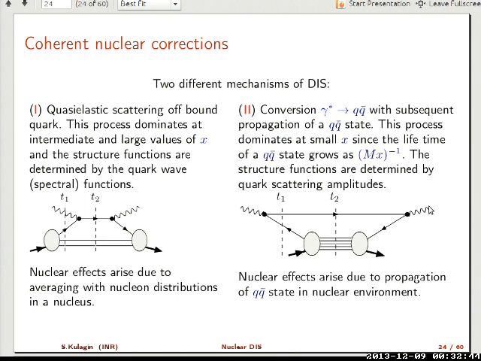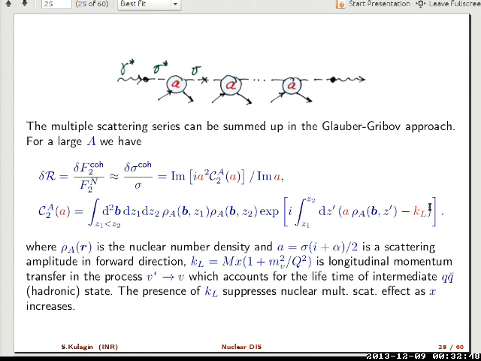And so if you follow this approach and discuss the possible propagation effects of this intermediate state, then the simple thing to do is just to consider the Glauber series of some intermediate states propagating in a nucleus.